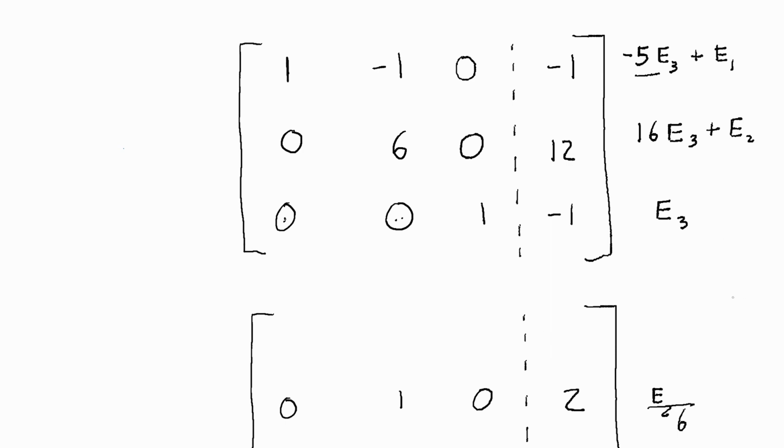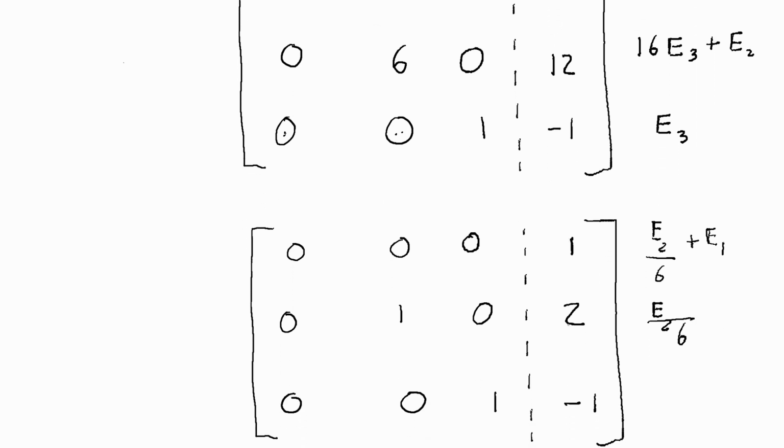So to do that, let's see, if I take E2 and divide that by 6, and add E1, then I get 0, 0, 0, and let's see. Okay, so I'd take 12 divided by 6, which is 2, plus E1, which is minus 1, that'd be 1. So that was a kind of a difficult one to see, but not too bad.